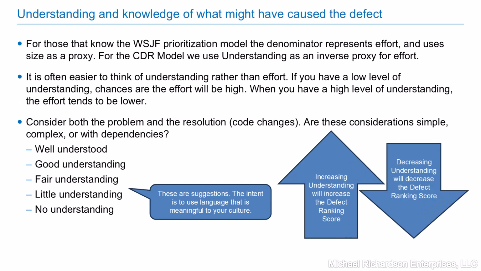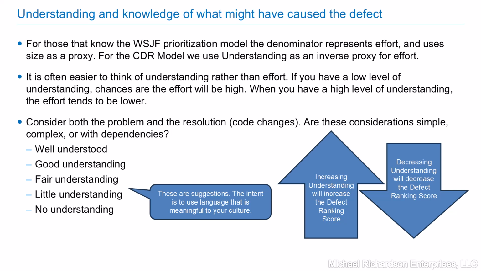Because it is hard, and perhaps unfair, to ask a team how much time they need to fix a defect, and because sizing a defect, like sizing a user story prior to planning, is also an unfair request, the CDR model uses understanding as an inverse proxy for time or effort.